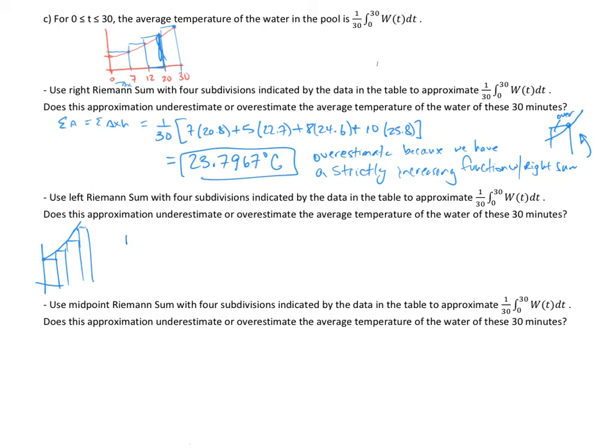So this will be 1 over 30, and the integral part is going to be my left Riemann sum. The first one will have a delta of 7, because we're going out from 0 to 7, and a height now, instead of 20.8 before, this height will be 20.